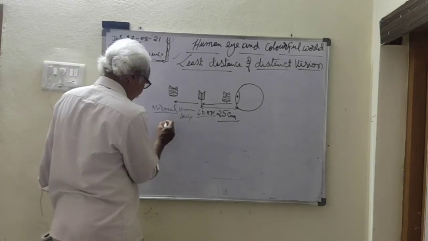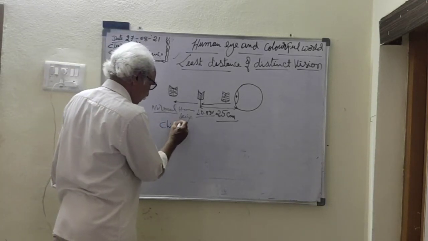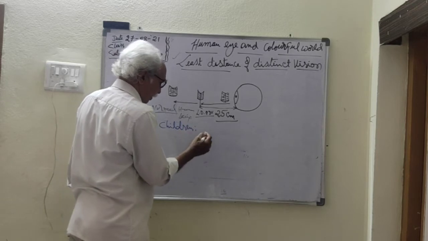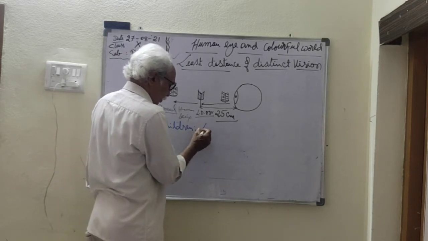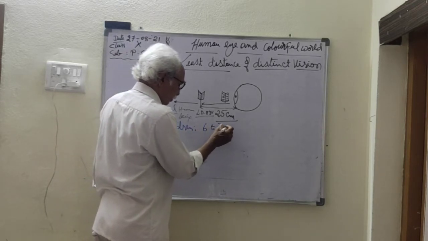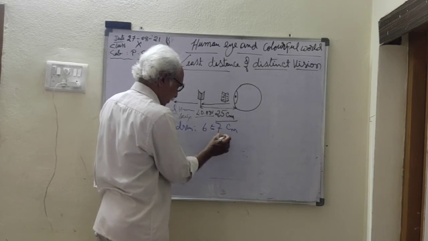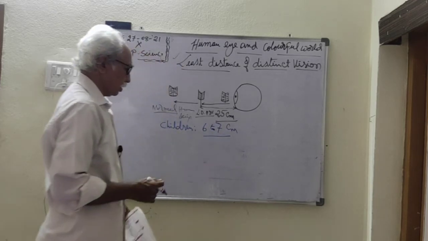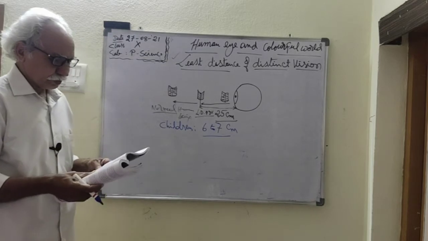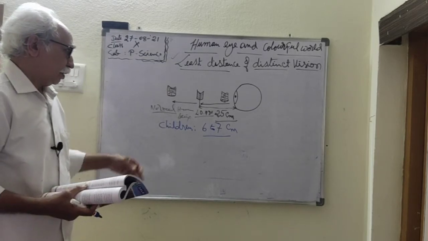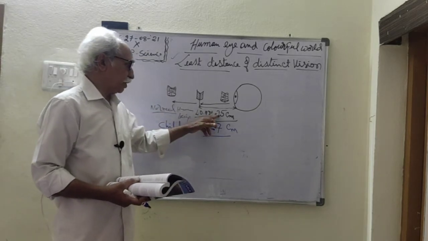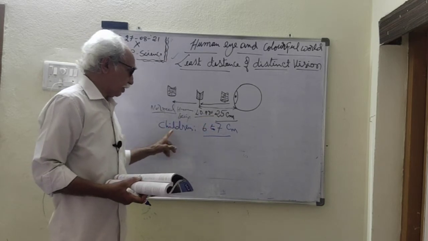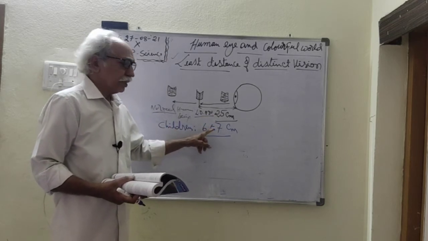But in case of children, you find it is 6 to 7 centimeters. The least distance of distinct vision is 6 to 7 centimeters. Why? In a normal human being it is 25 centimeters, but in children you can find it is 6 to 7 centimeters.